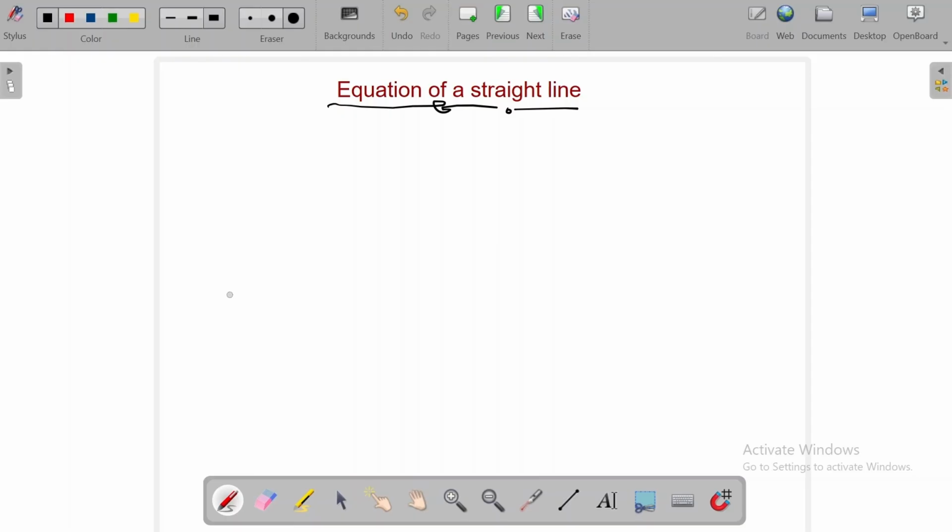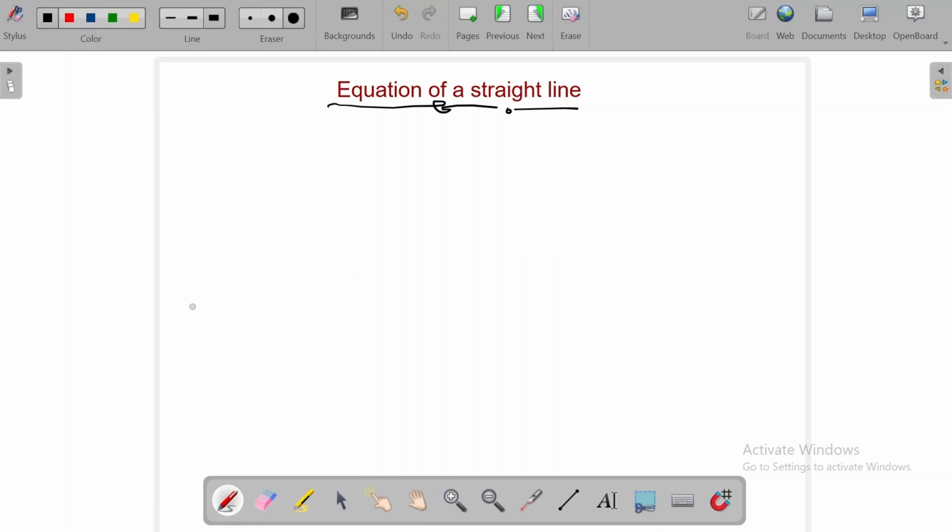In this video, we will be talking about the equation of a straight line, which is simply a mathematical formula that describes the relationship between the x and y coordinates of all points on a particular line. What do I mean?